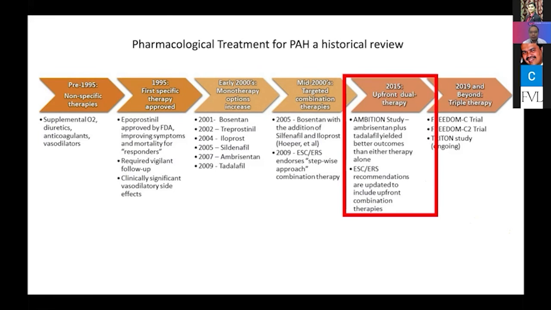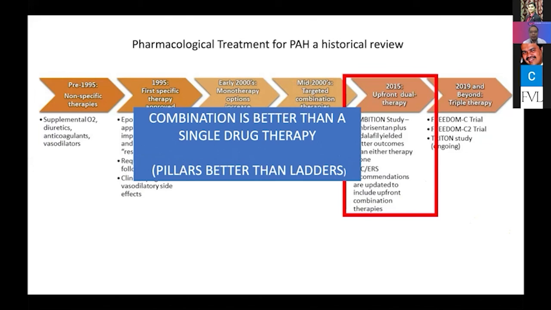Previously we used to start medication one by one in a stepwise approach. Now the paradigm of treatment has changed. We want to start combination therapy, which is better than single drug therapy. So pillars are better than ladders. This concept is also currently used not only in the treatment of pulmonary arterial hypertension, but also in heart failure.